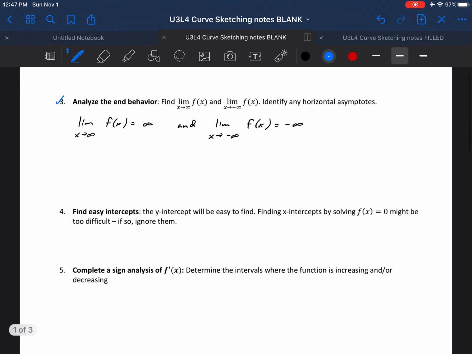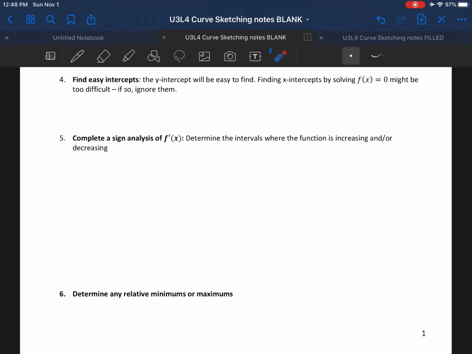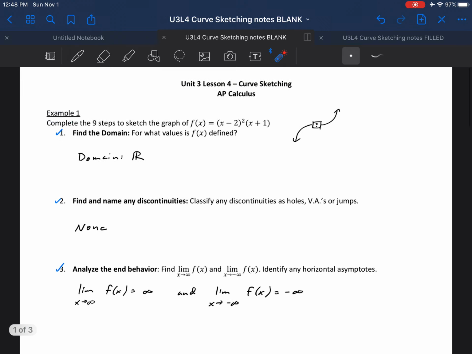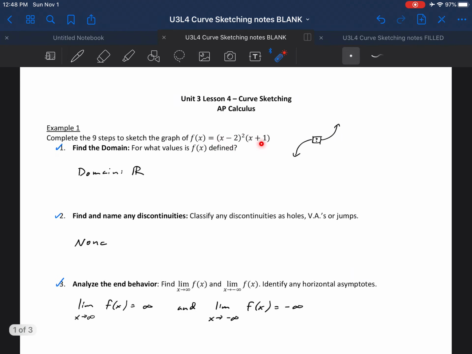Find easy, keyword being easy, intercepts. So really that means y-intercept, and then any zeros that we can get if we factor. Okay, so we're pretty lucky. We've got 2 x-intercepts here. And hopefully we know from last year that this is a bounce, so it's going to bounce at x equals 2.